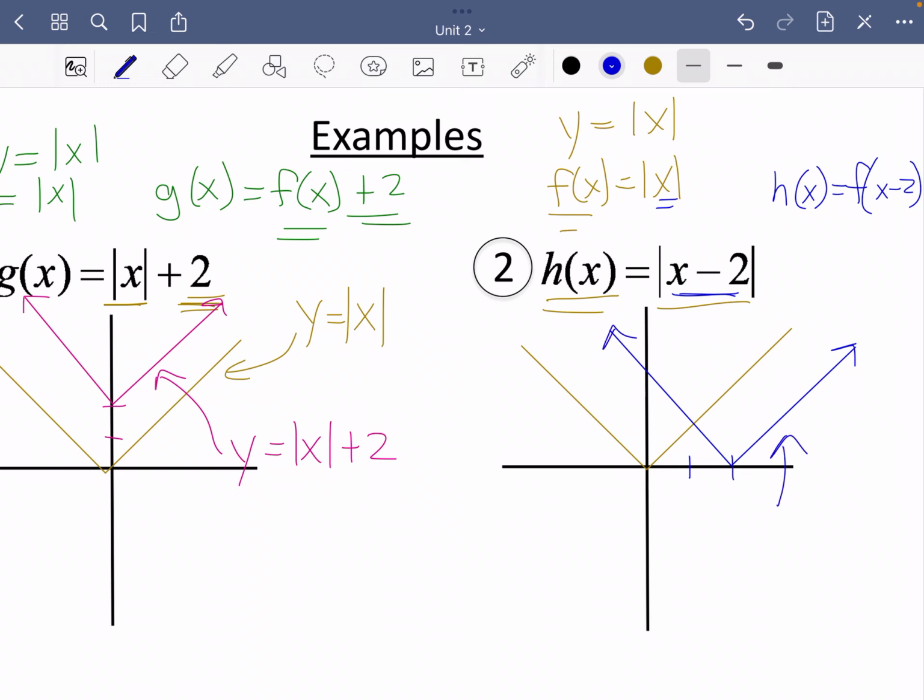So this is the graph of h of x equals the absolute value of x minus 2.